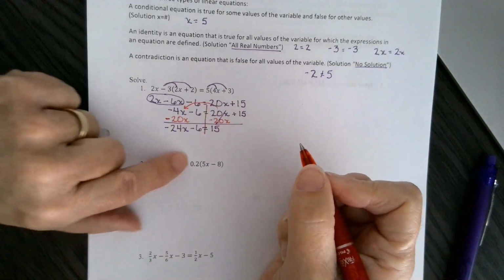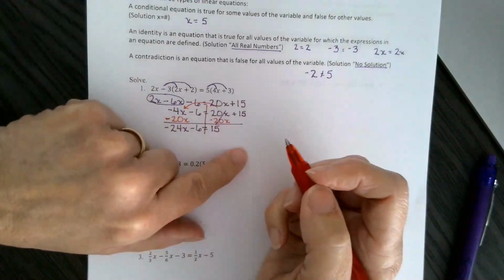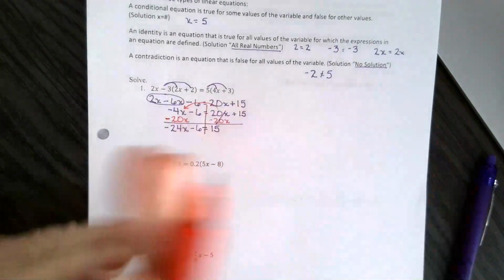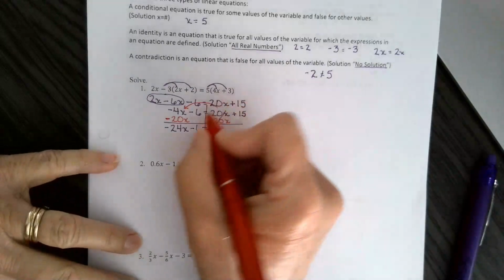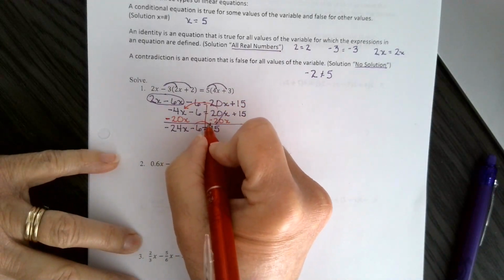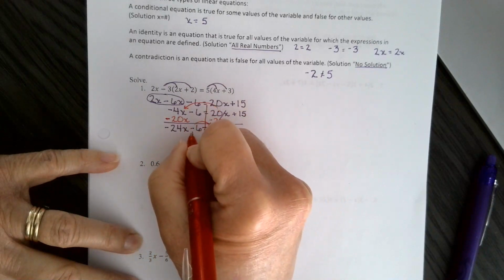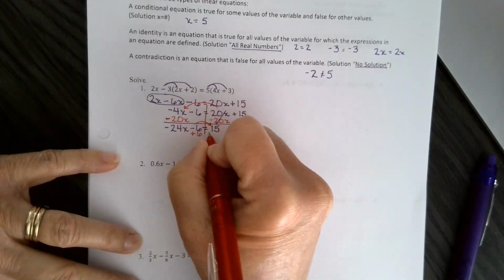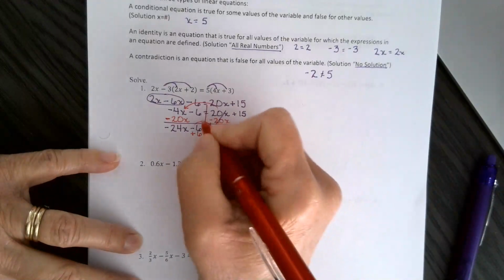So my variables are on my left, so my constants need to be on the right. You can have your variables here and your constants here. It doesn't really matter. But I'm going to take this -6 over to that side because I need to isolate this -24x. To get rid of a -6, I add 6.